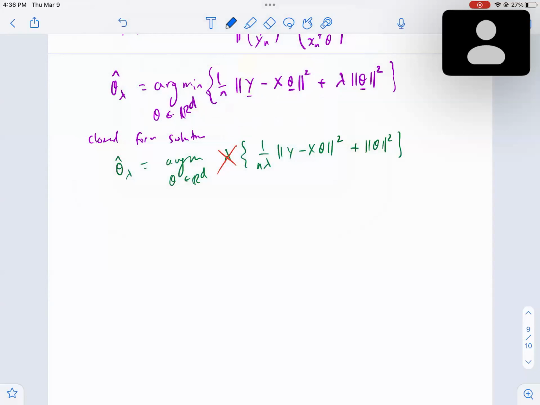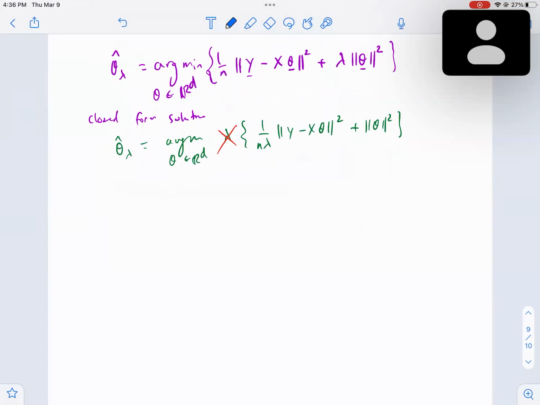Furthermore, what I would do is minimize, in fact, the function that maps theta to y minus x theta squared plus theta squared, to make things more confusing. Why would I do this? If I solve this, and then in the solution I rescale y and x.